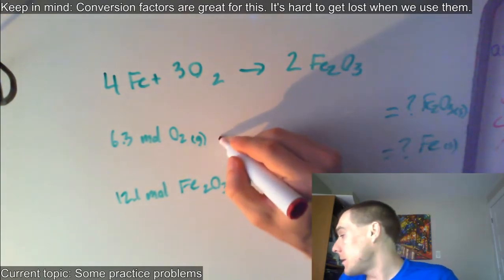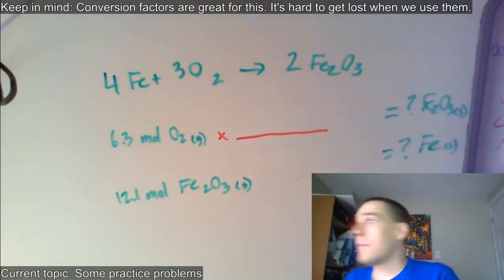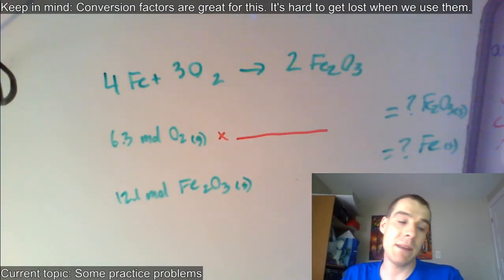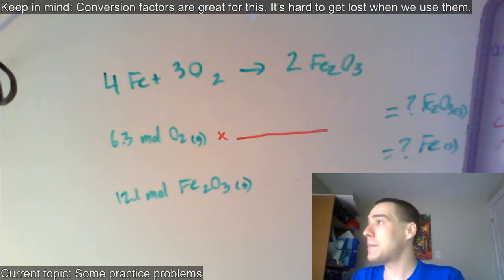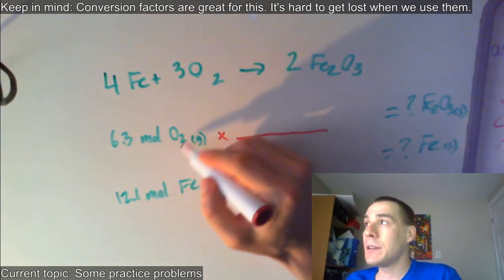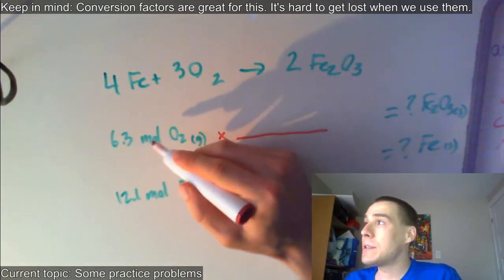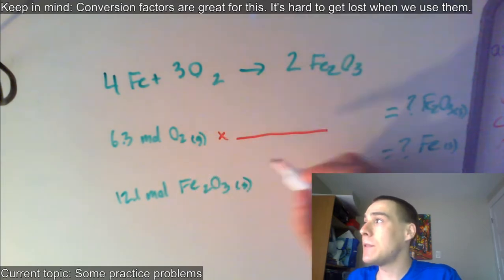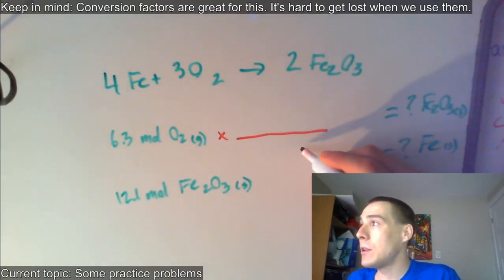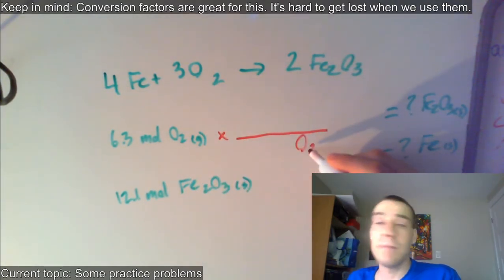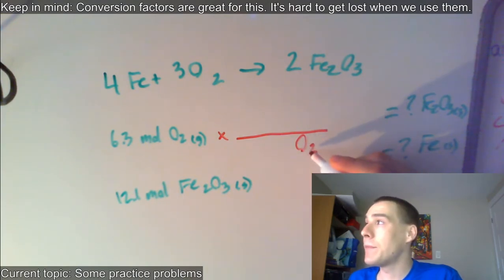So we're going to do that conversion factor thing. If you're confused about the conversion factor method, please watch the previous video where I explain it. The conversion factor method relies on being able to cancel out our units. So this one is moles of O2, so we're going to want O2 on the bottom.